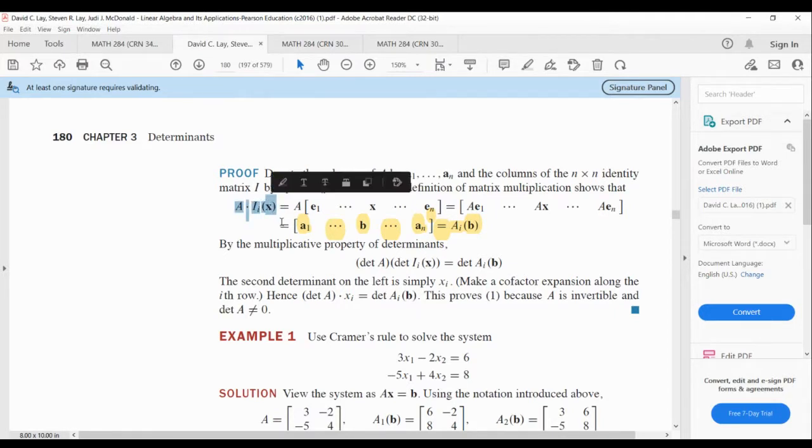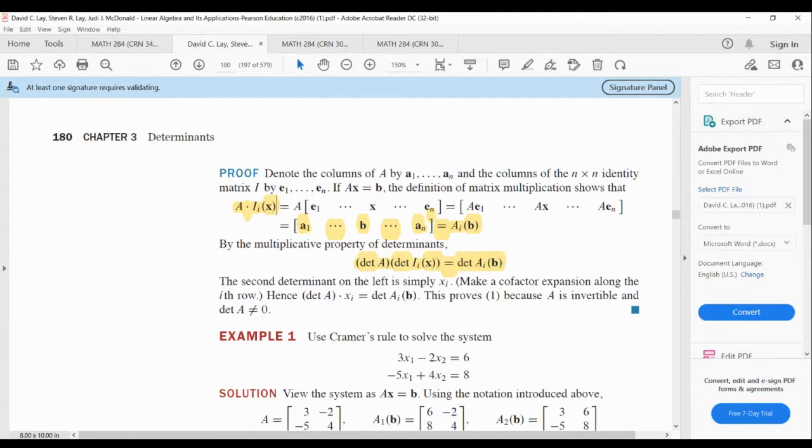So A times the identity matrix I sub I of x equals the matrix A sub I of b. And they take determinants of both sides.